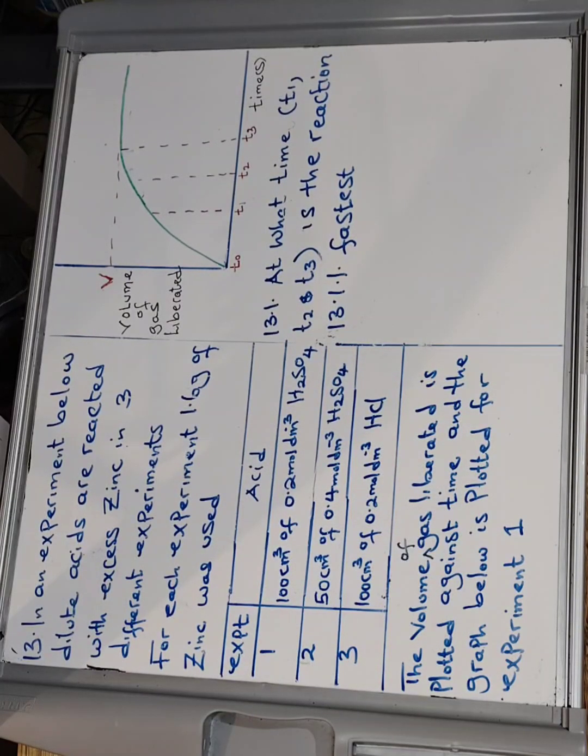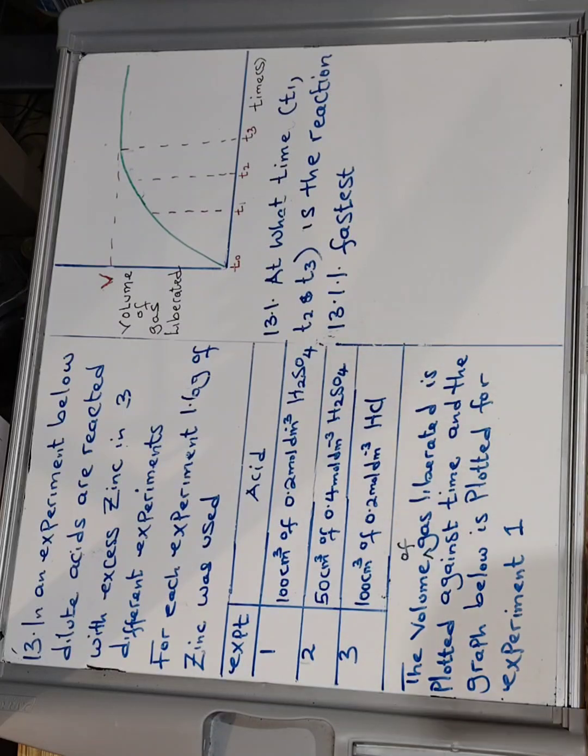So when you look at this scenario, this is what you have to know: that rate of reaction is proportional to the concentration of the reactant. And what do we notice? That as time passes, the amount of reactants tends to decrease because it's being used up. It is on that basis that we say that rate of reaction decreases as time passes.